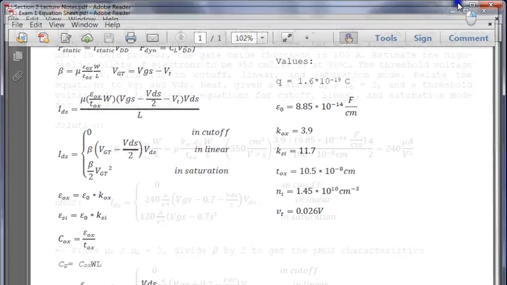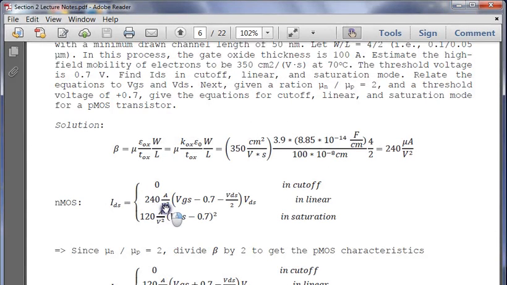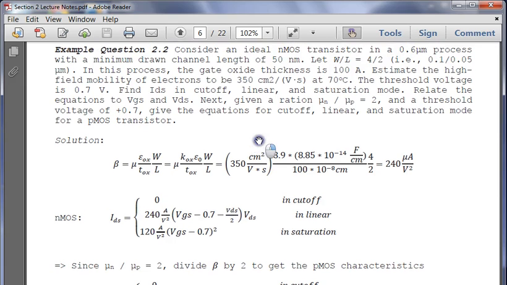By doing that, we get 240 microamps over volts squared times VGS minus 0.7 minus VDS over 2, times VDS. So we have now met the statement in the question: find IDS in cutoff, linear, and saturation mode, and relate the equations to VGS and VDS.